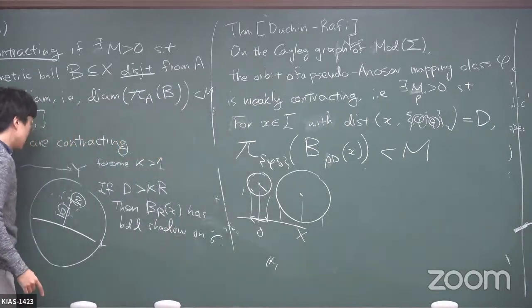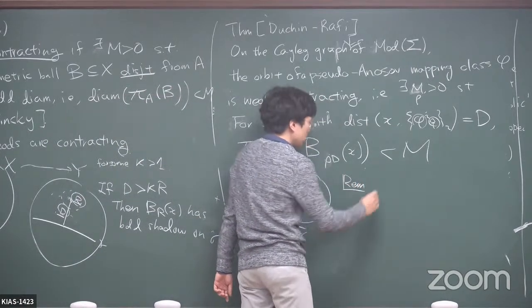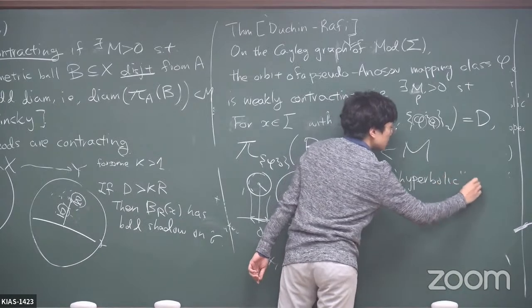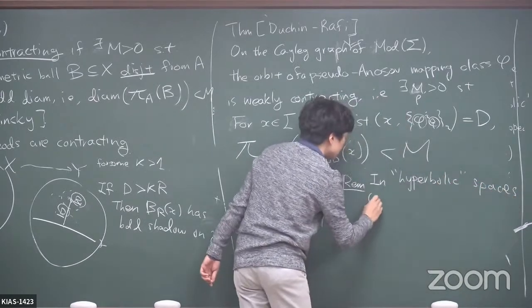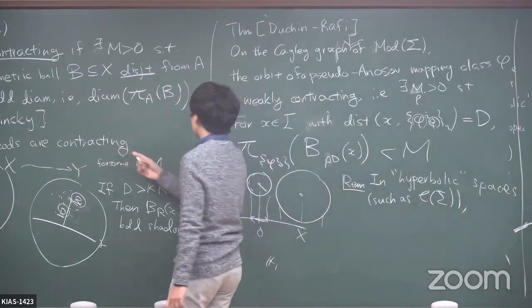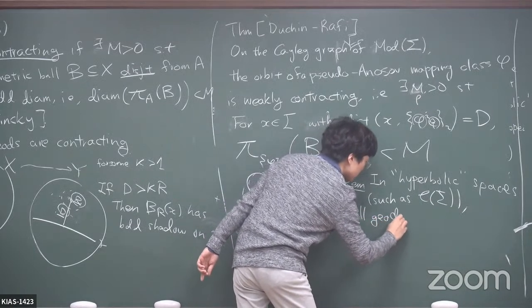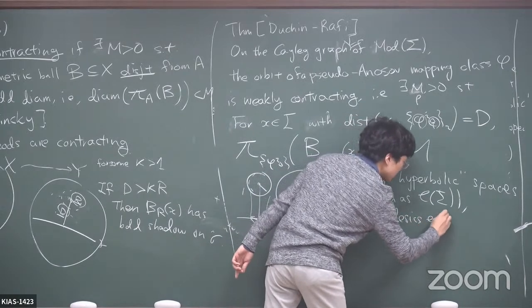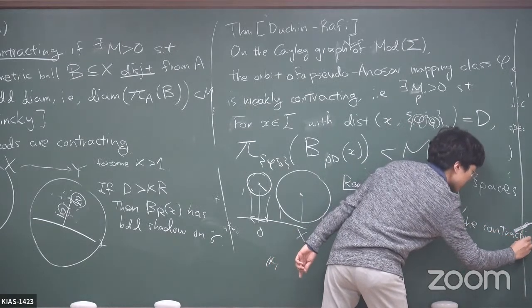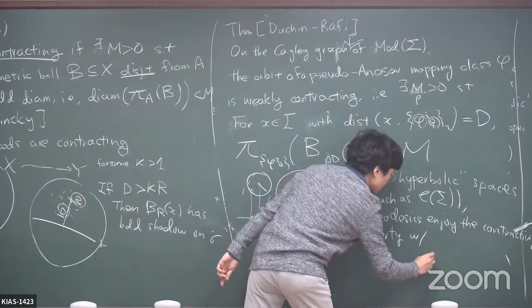And I forgot to mention a remark. In hyperbolic spaces, such as the curve complex, this kind of contraction property holds for all geodesics, with uniform bound.